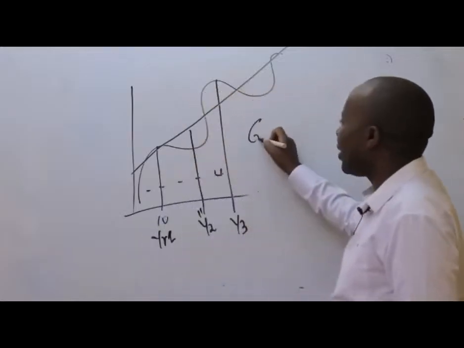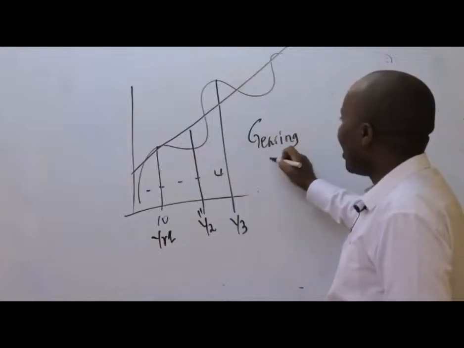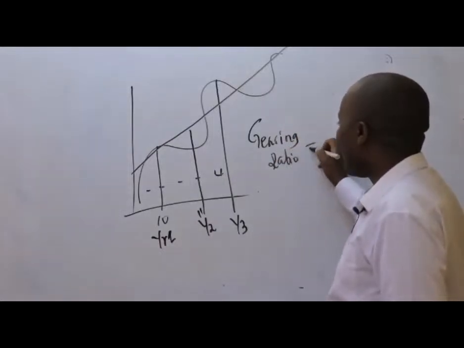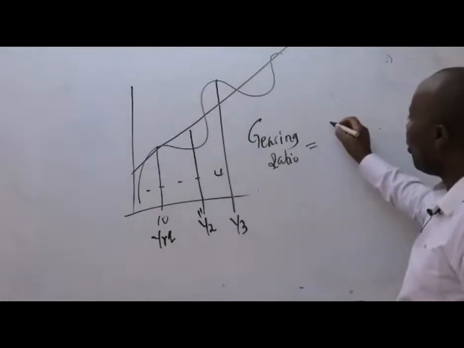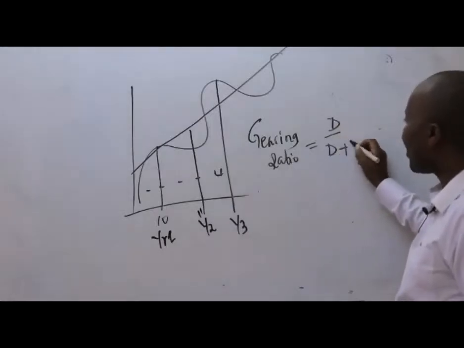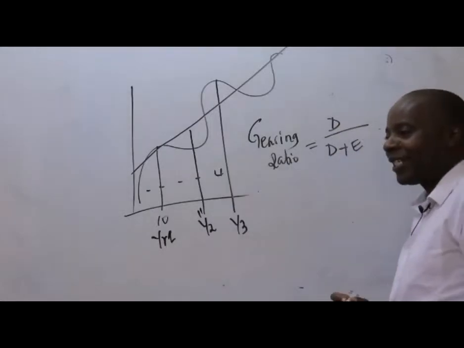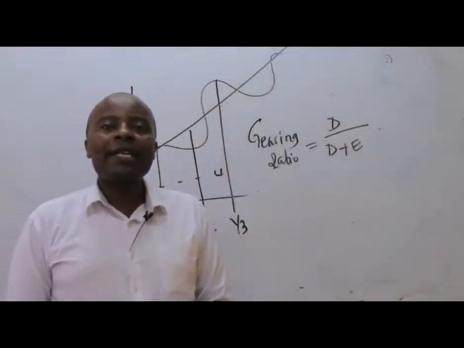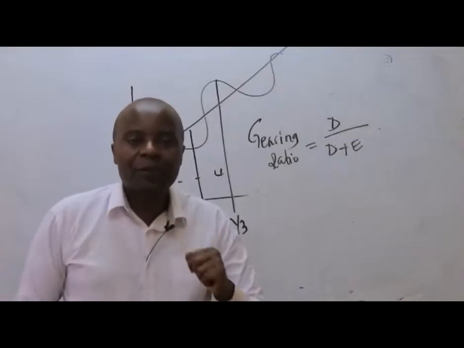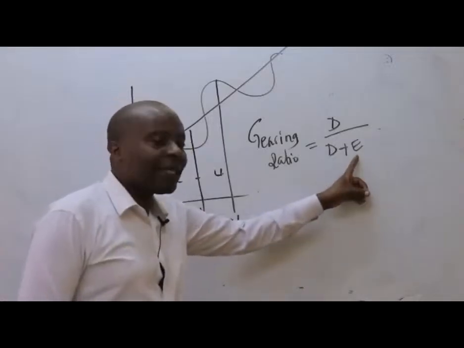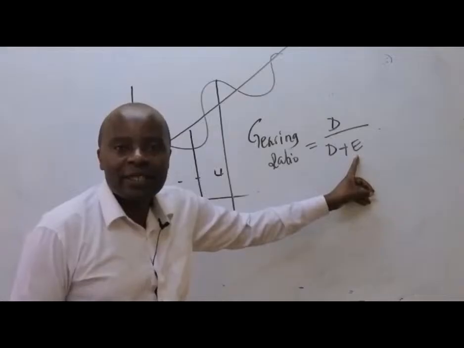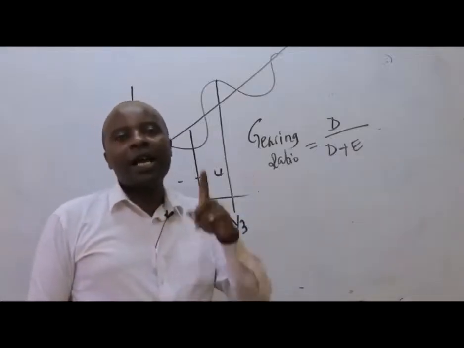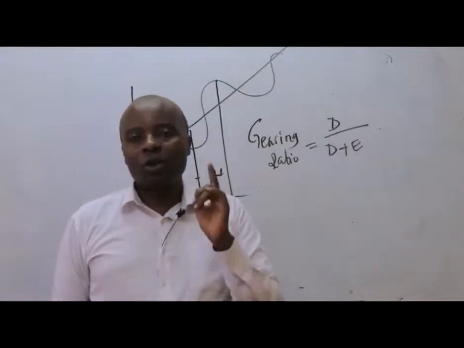The gearing ratio. How do we get gearing ratio? To get gearing ratio, we normally take debt over debt plus equity. So when I give out shares, I'm of course increasing my equity, because equity has got two components.